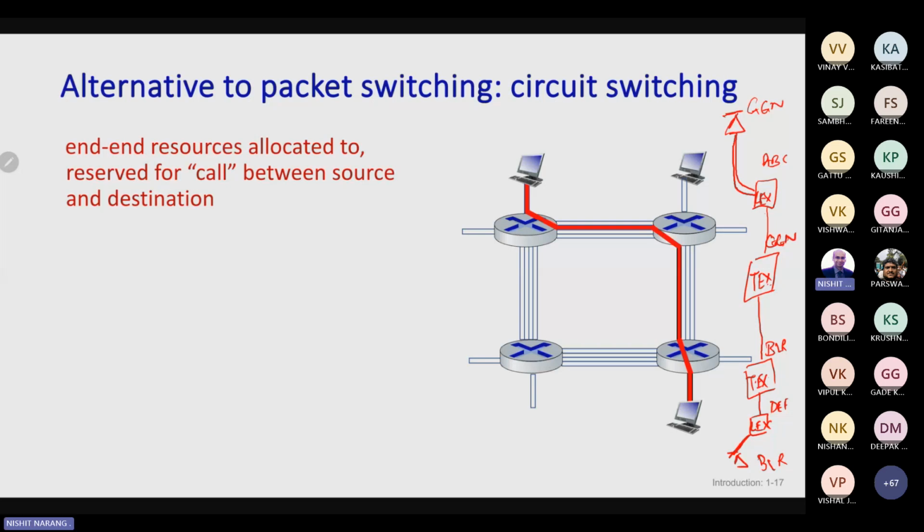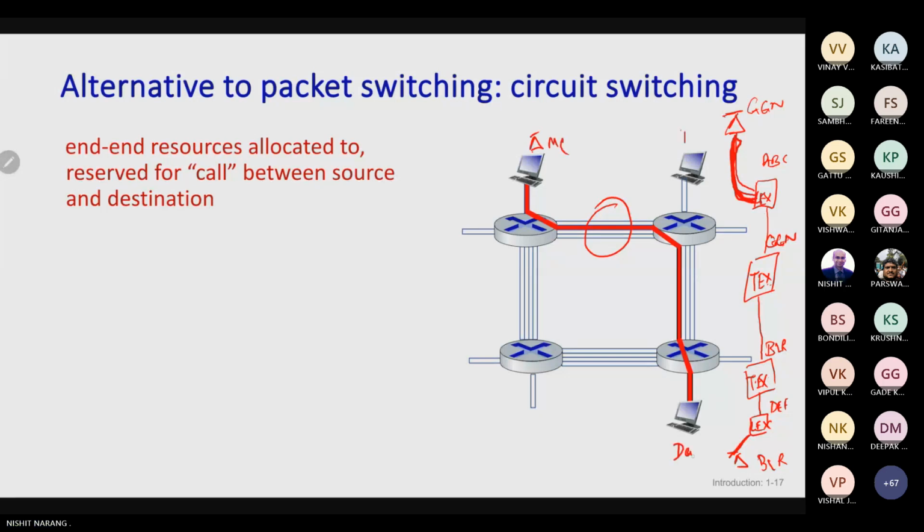Now, when I reserve certain resources, when I call Dayanand, this last mile is already dedicated to me. Only my voice samples will be carried to the local exchange. But between the local exchange and the trunk exchange, let's say there's a high capacity communication link. This is me, let's say, instead of the computer, think of it like the telephone. So this is me calling Dayanand.